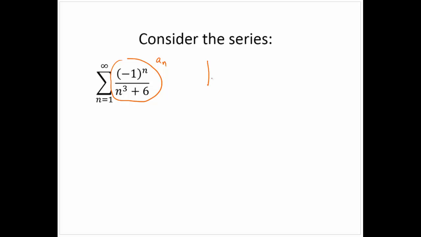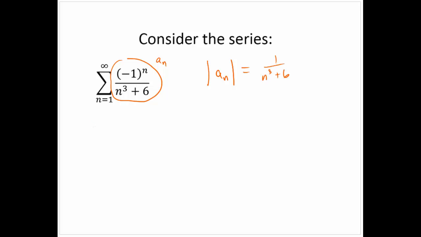Well then, absolute a sub n, basically all that happens here is the negative 1 to the nth power goes away, right? Because under absolute value, any negative 1 goes to 1, and any 1 stays at 1. So absolute a sub n is 1 over n cubed plus 6.